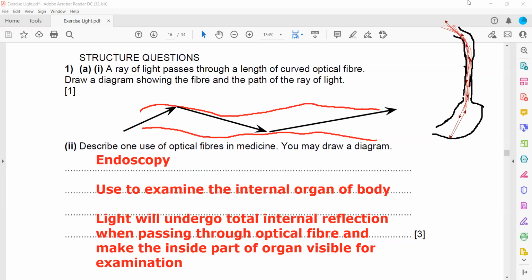Is the concept clear, how optical fiber or fiber optic can be used to examine the internal part of the body? Any doubt till this point?